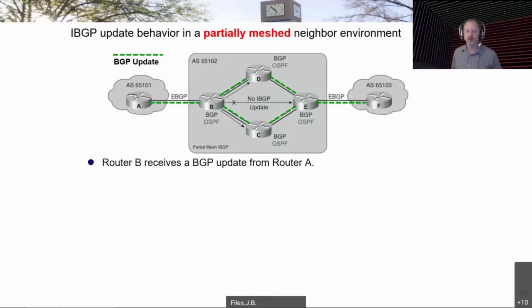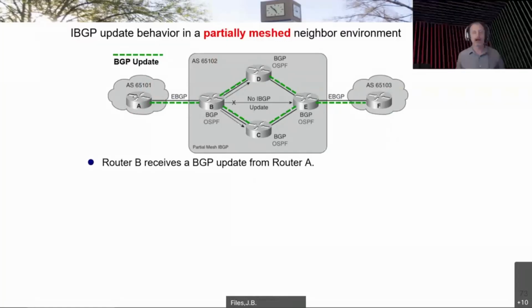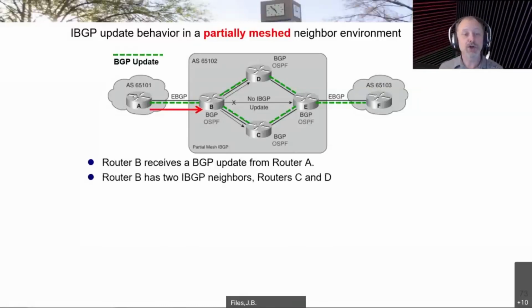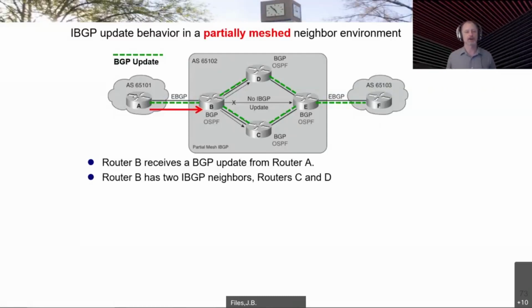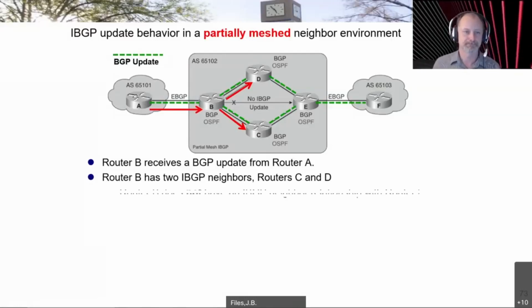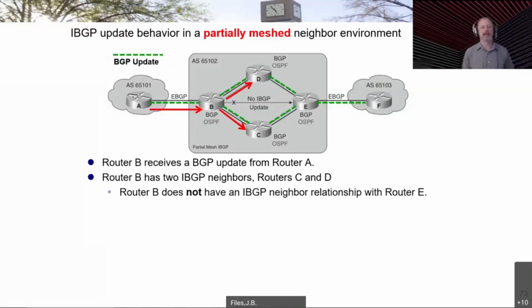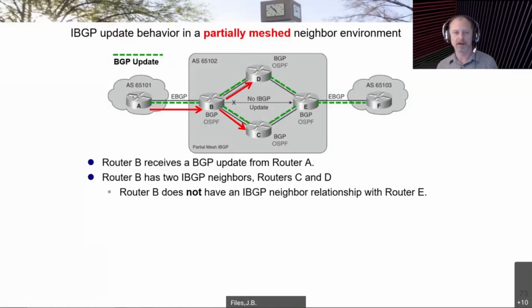Router B is going to receive a BGP update from router A. Router B has two iBGP neighbors, routers C and D. Router B does not have an iBGP neighbor with router E on the right of our network.